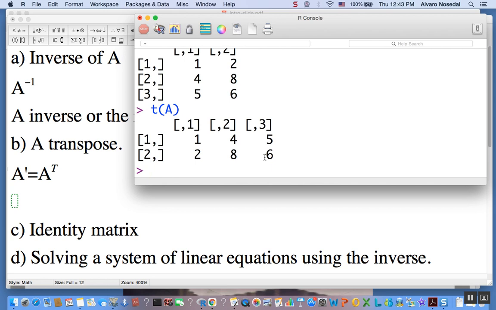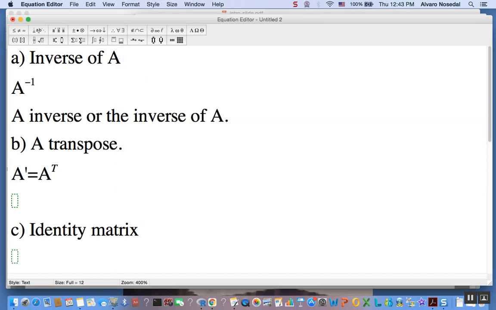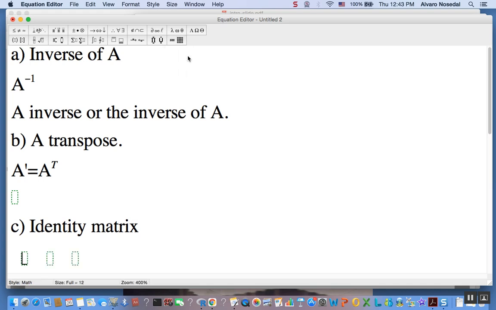How about an example using R? Let's try and create a 4x4 identity matrix. How do we go about doing that? A very simple way of doing that is using a special command. So identity matrix, let me write it down here, what we mean by that.